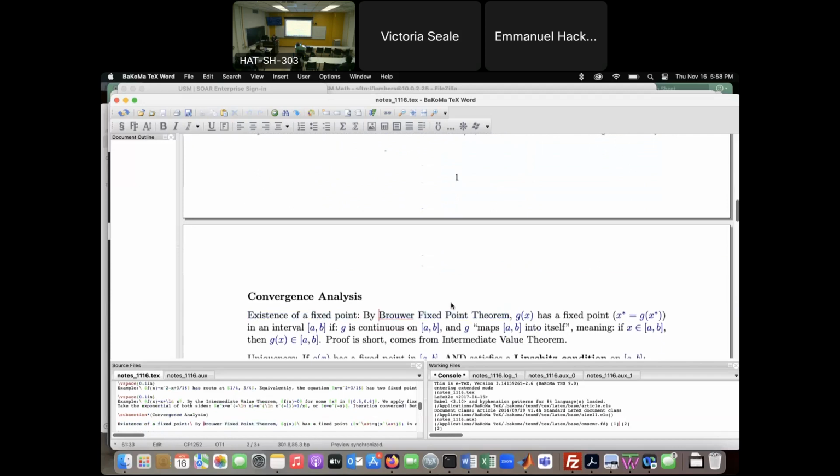What that says is, if g is continuous on a closed interval [a, b], and if g informally maps [a, b] into itself, meaning if you choose x in [a, b], g of x is also in [a, b], then g is guaranteed to have a fixed point in the interval [a, b].